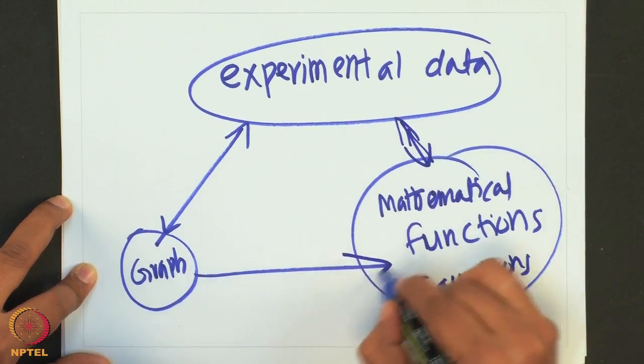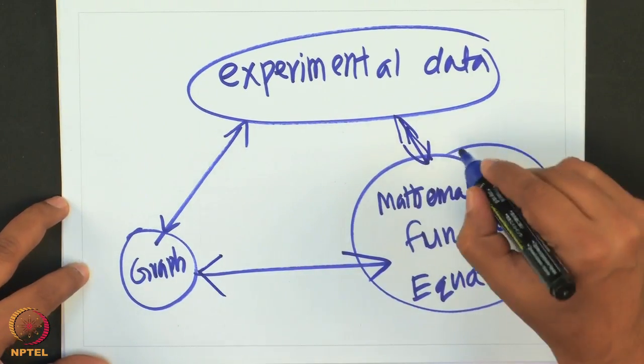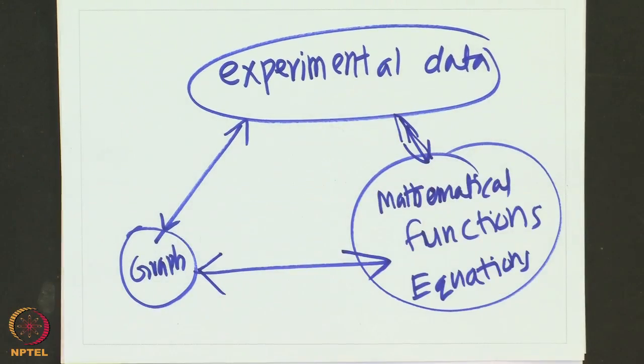So, there is an all-around connection. I put all kinds of arrows. These three things, we will look at this connection, and this is the aim of this course, to familiarize you with this. So, to summarize, this is an introductory course on mathematical methods for biologists.